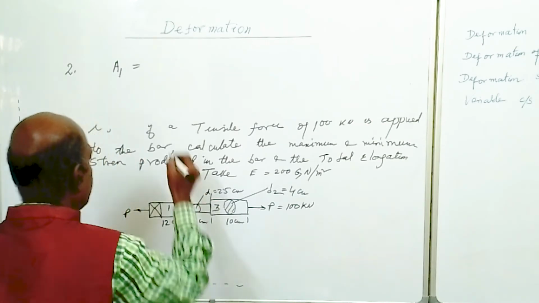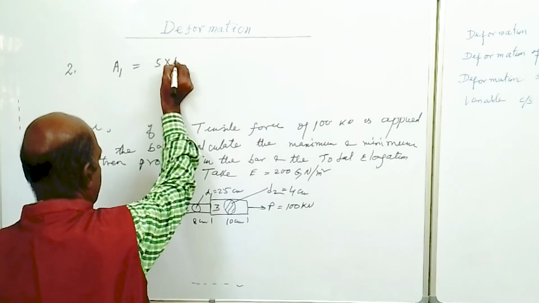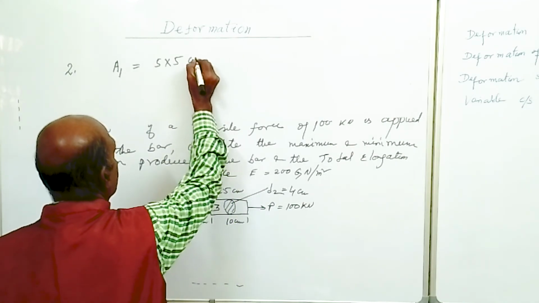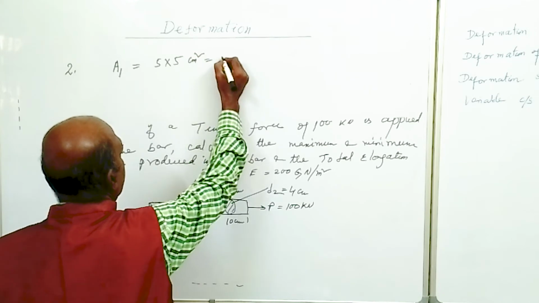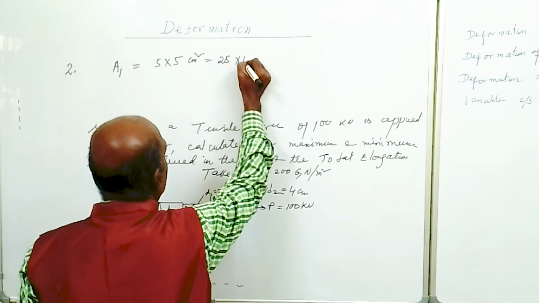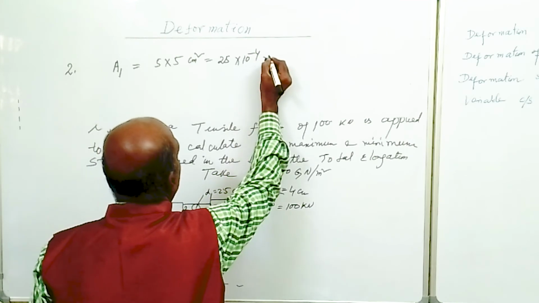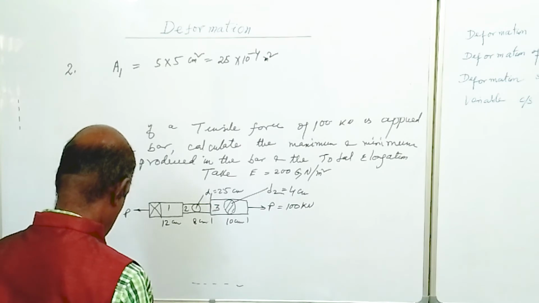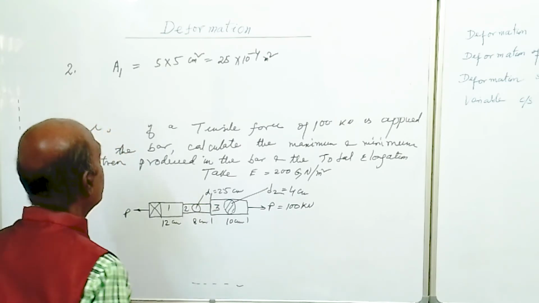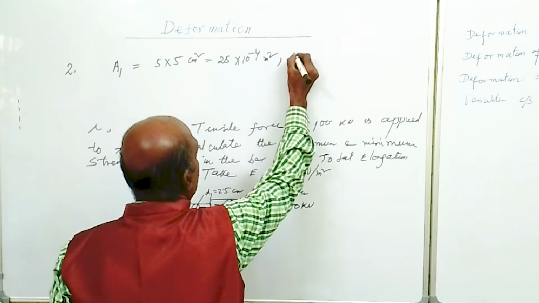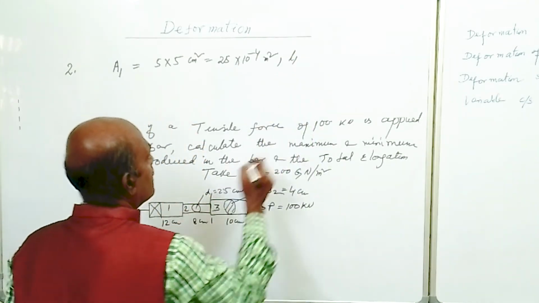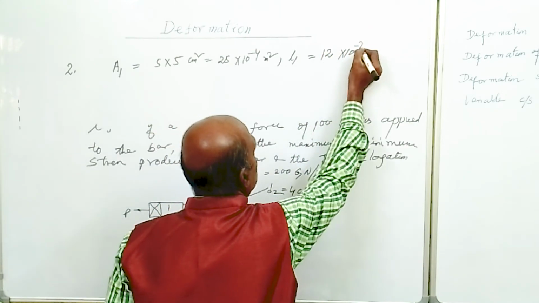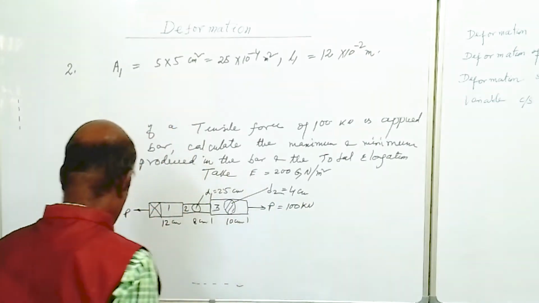A1 is given by 5 into 5, in centimeter, so 5 centimeter square, which we can write as 25 into 10 to the power minus 4 meter square. And the length of this first section is 12 centimeter, so 12 into 10 to the power minus 2 meter.